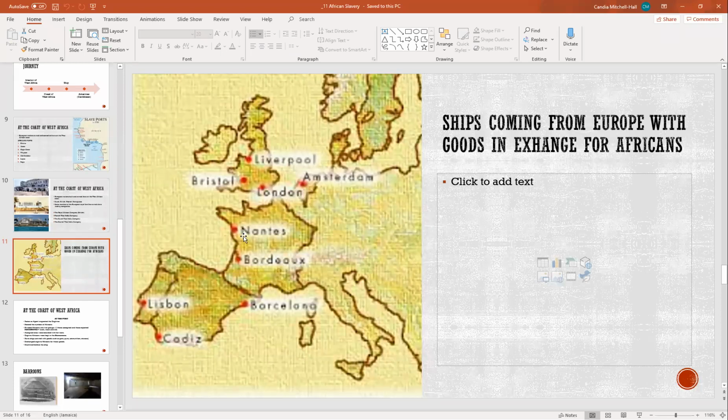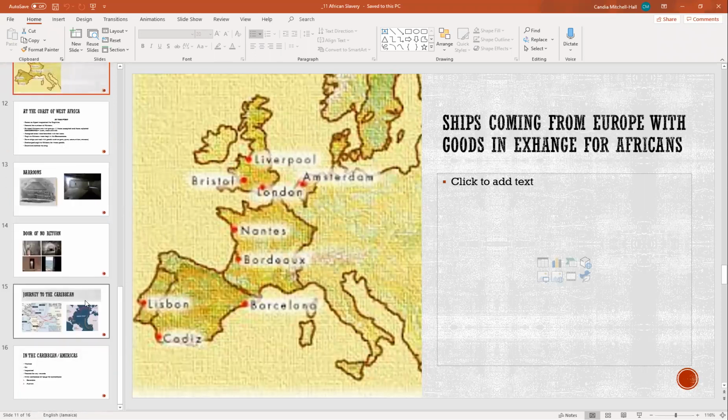In France, you have Nantes and Bordeaux. I think that's how it's pronounced. I never did French. I have Lisbon and Cadiz, well, Lisbon is in Portugal and Cadiz is in Spain. And so ships are leaving from all of these different areas in Europe, right?